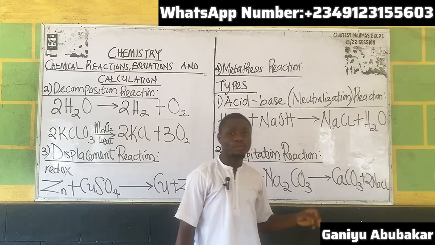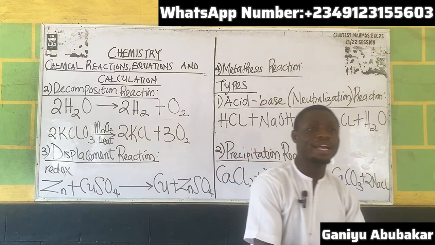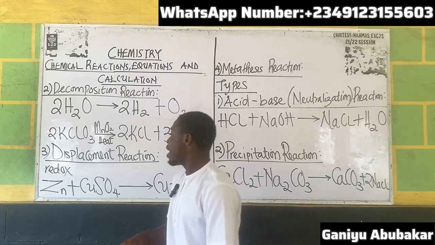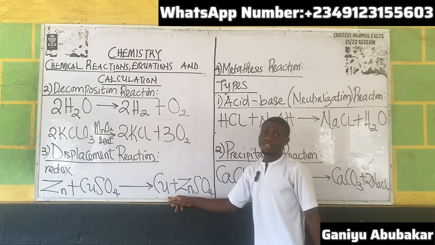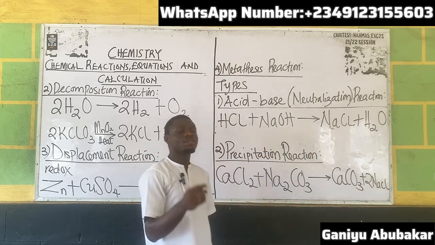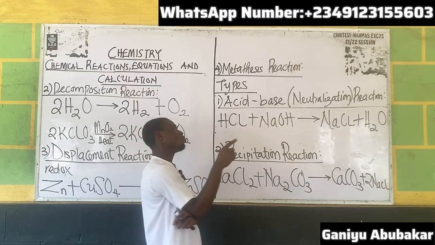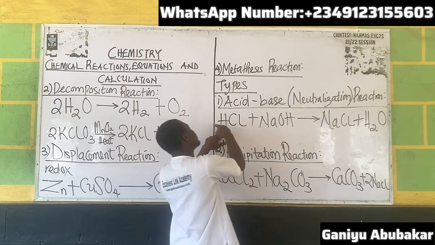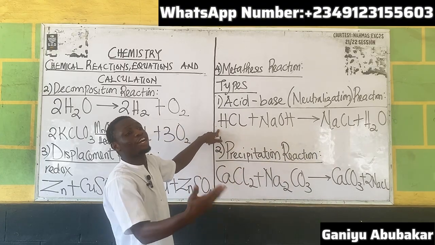Number three, we have the displacement reaction, where an element displaces something else in another compound, as zinc displaces copper in this case. Number four, we have the metathesis reaction. In exam, they can give you this reaction and tell you this reaction is under what type of reaction.